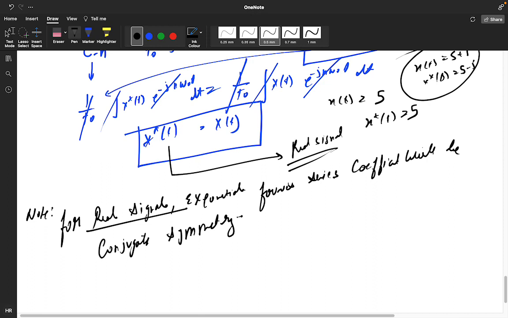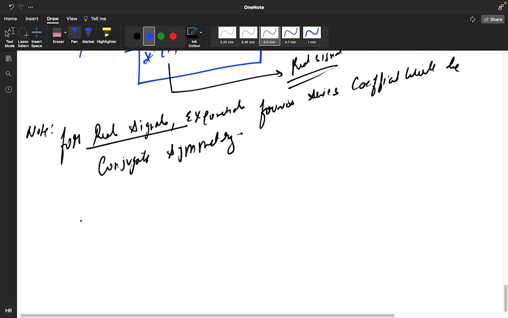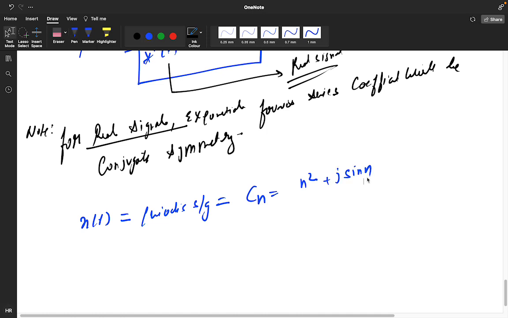So suppose in example 1 they had given you some signal like this. See, x of t they had given, it's a periodic signal, and they had given c of n value as n square plus j sine n. So this is your real signal. Okay, so if this is my c of n, what will be my c of minus n?